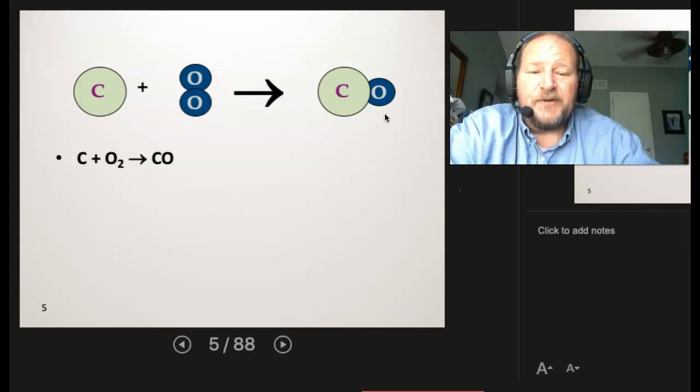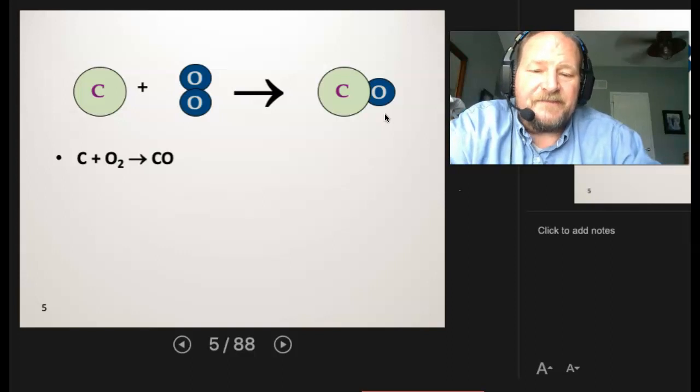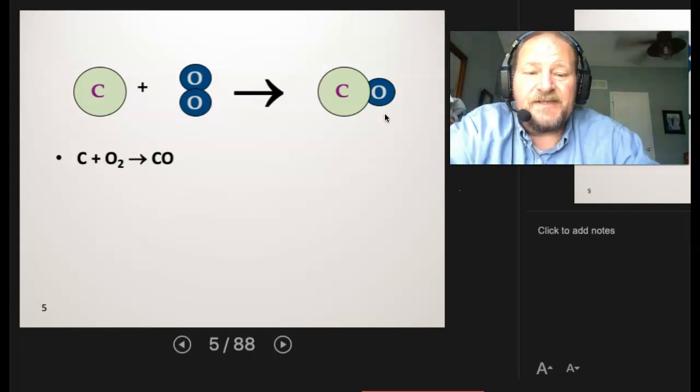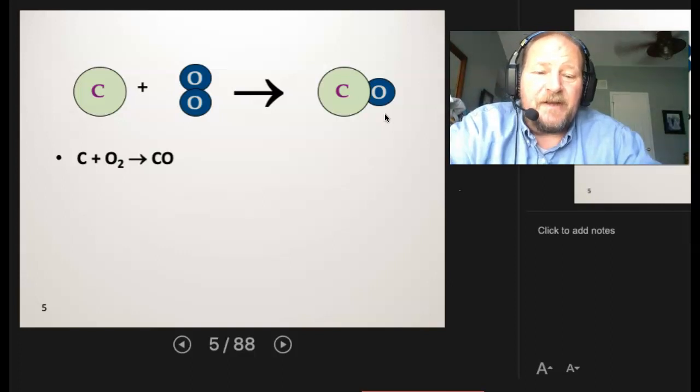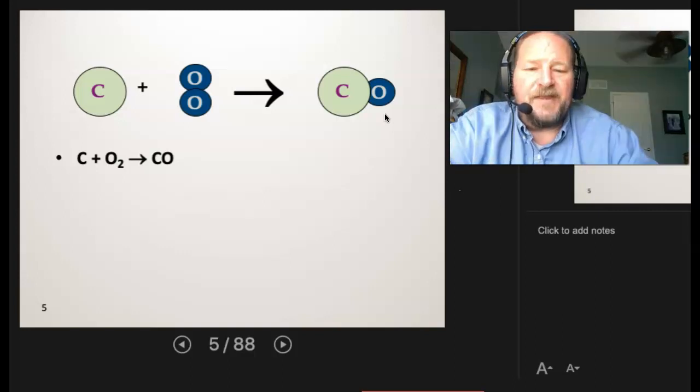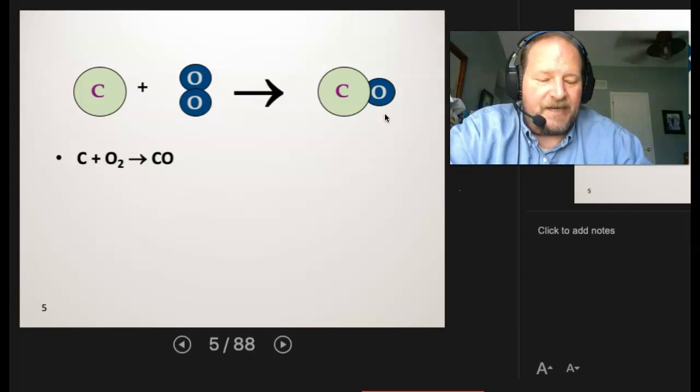Now if I just simply put a 2 in there so that I have 2 oxygens, that would be the last equation we just looked at, which would be CO2. Now chemically, carbon dioxide is very different than carbon monoxide. All right, so I can't just put a 2 in there because then that changes the reaction, and then it's no longer the reaction we're studying.